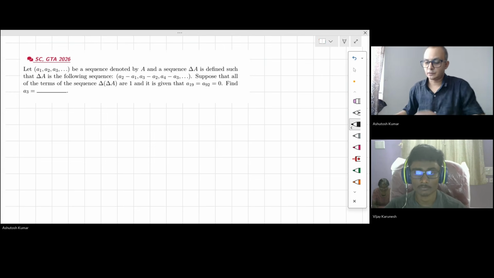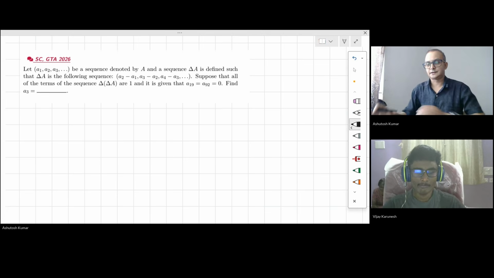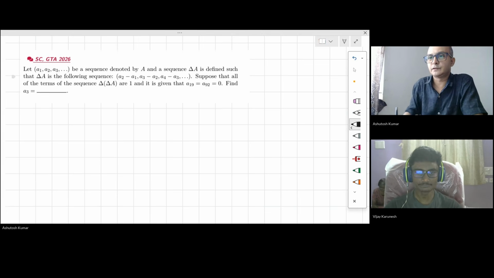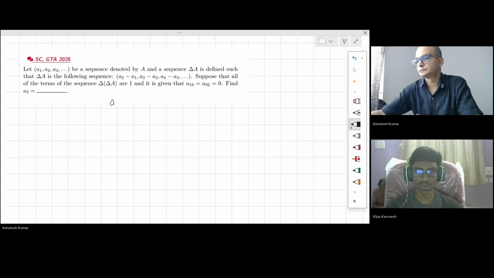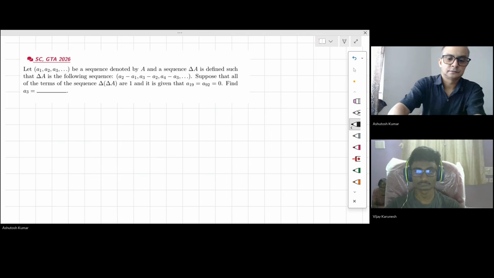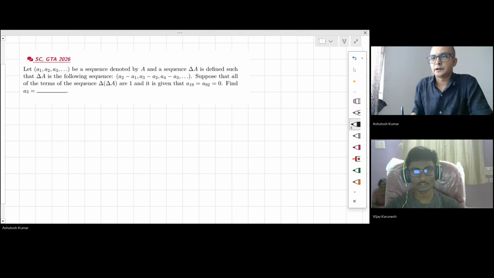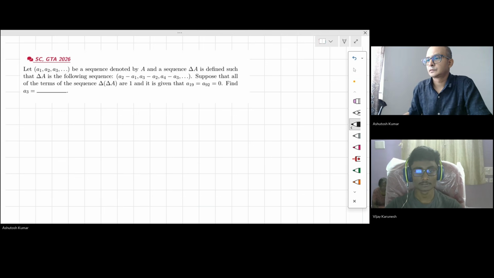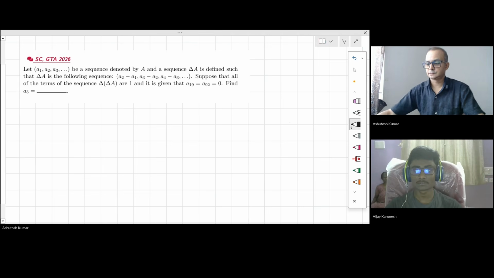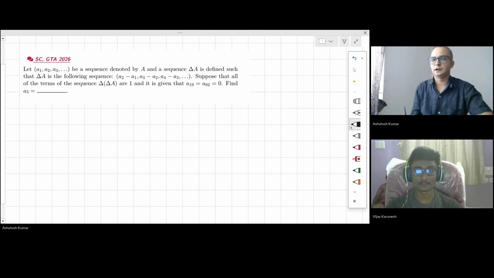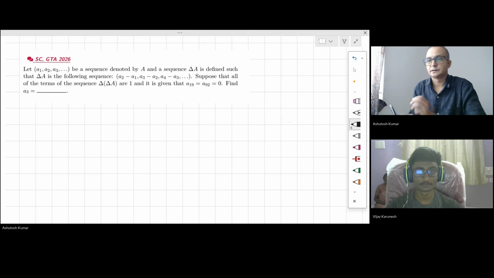The first way you can think of this is, we assume A2 minus A1, let's say A1. We can define that the sequence delta of delta A is defined as A(k+2) minus 2A(k+1) plus A(k), where k goes from 1 to infinity.